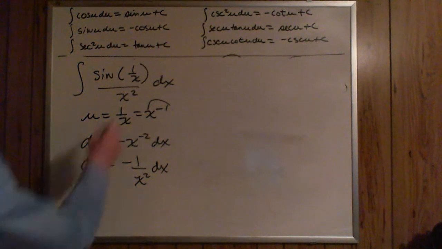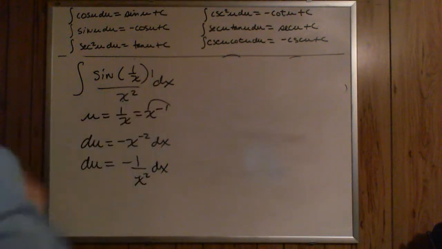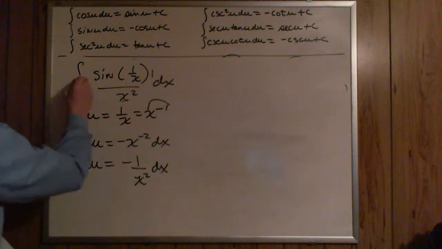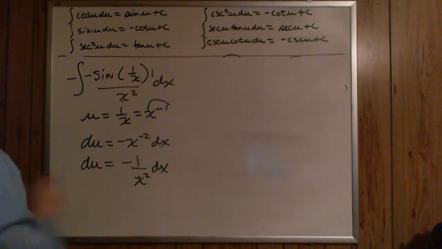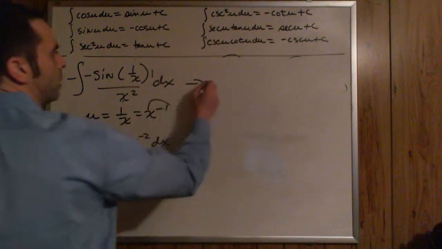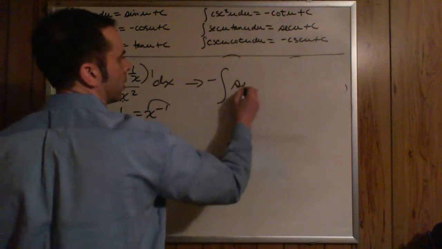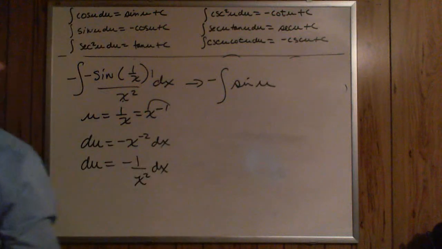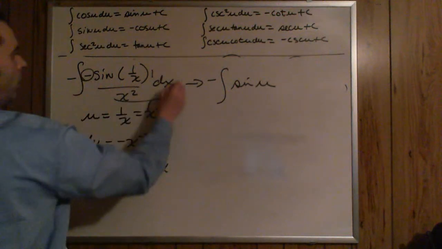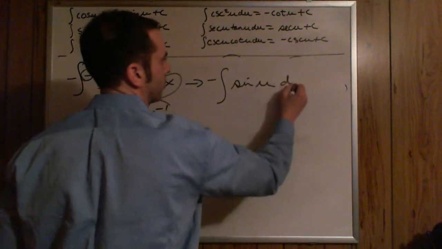So it looks good. I have 1 over x squared dx in the integrand. So I'll put in a negative and take one out so that I can now substitute. This would become the negative indefinite integral of sine u, and all of this becomes my du.